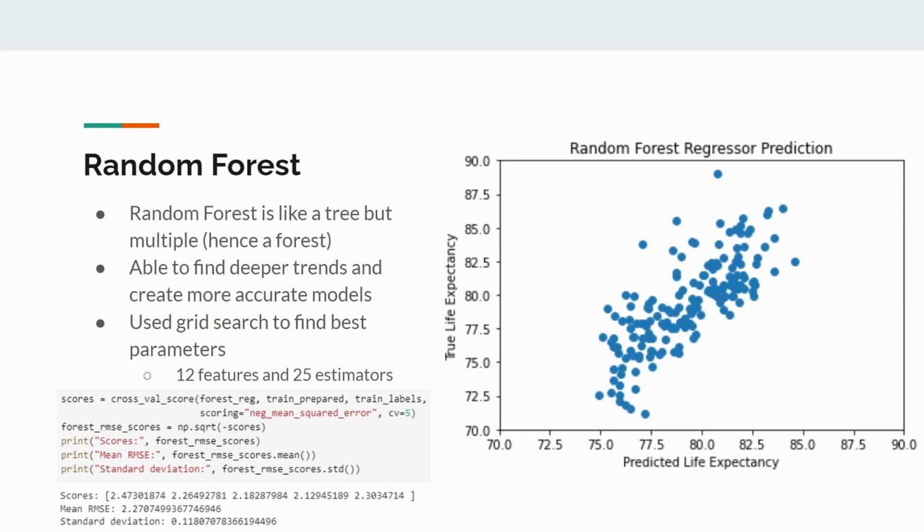The best parameters from our grid search yielded 12 features and 25 estimators. As a result, the mean RMSE for this model was 2.27 years, which is pretty good. The true life expectancy versus predicted life expectancy shows a pretty linear graph. However, we decided to go on to one more stronger model.